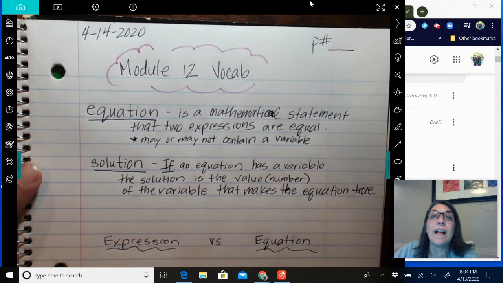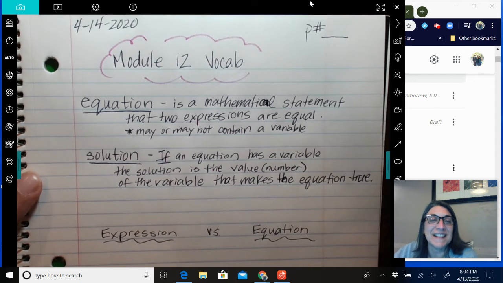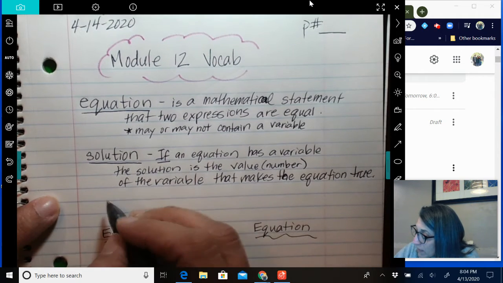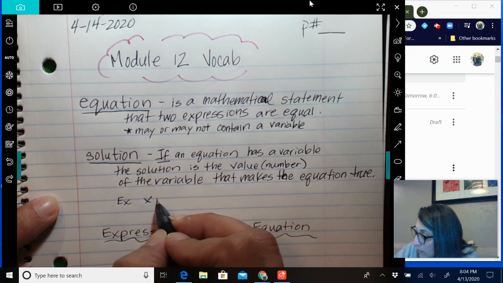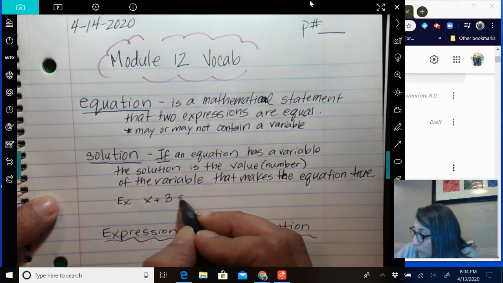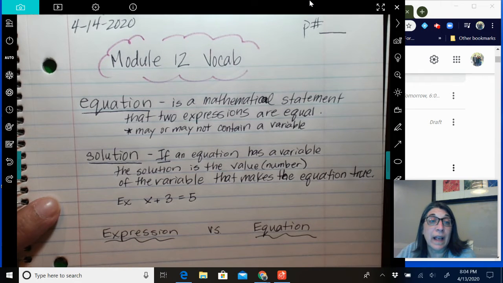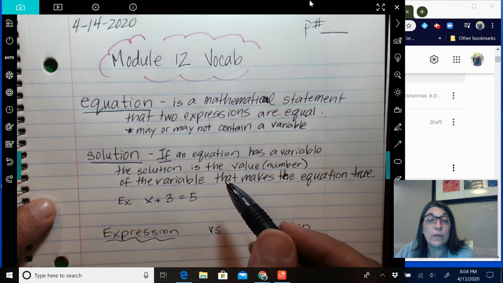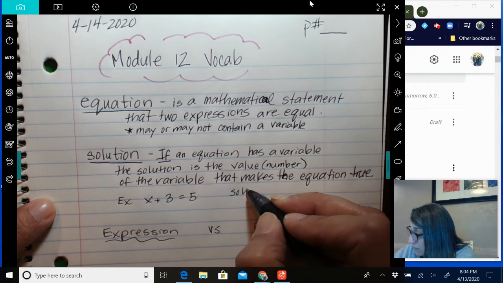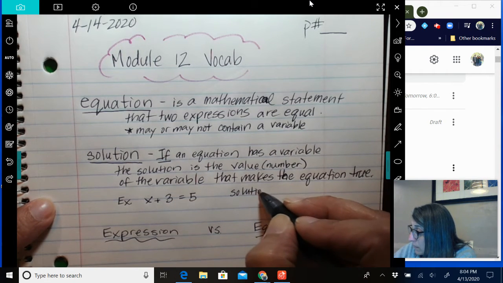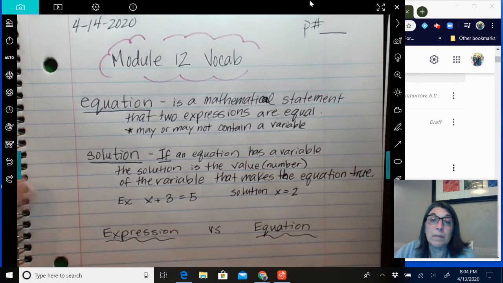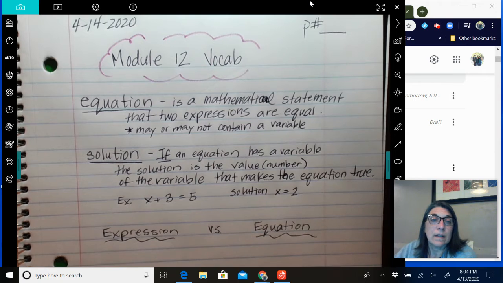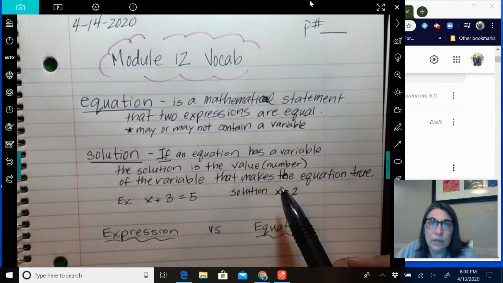Okay, don't y'all feel like we're in class? This is pretty much what we'd be doing in class. Okay, so an example here would be if I had x + 3 = 5. I have an equation and it does have a variable. So the solution for this one, the only solution could be is that x is 2, because there's usually only one solution, right?